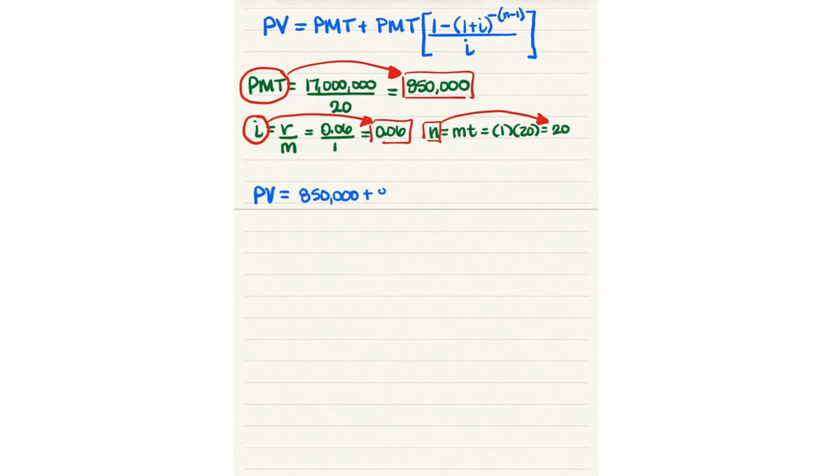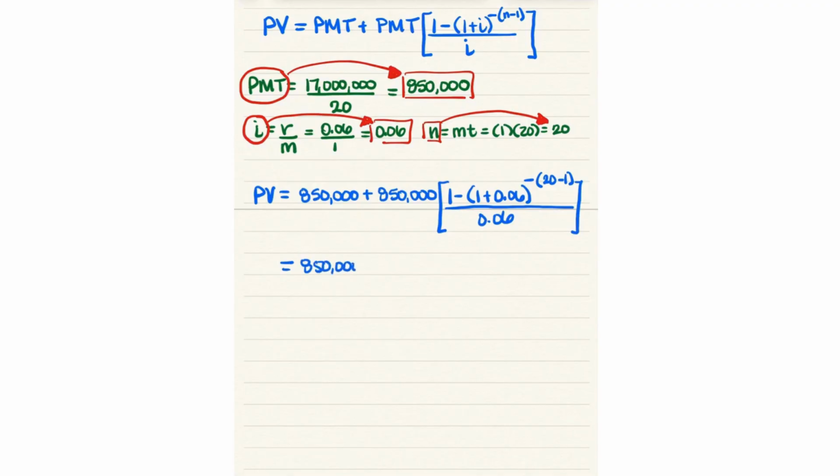If you follow my lectures, you know I like to show all of the steps, because I don't want people to ask how I got that. I want you to see how I got it. So that's 20 minus 1, all over i. Now we have everything filled in, and it matches our equation. So now let's start doing the math.